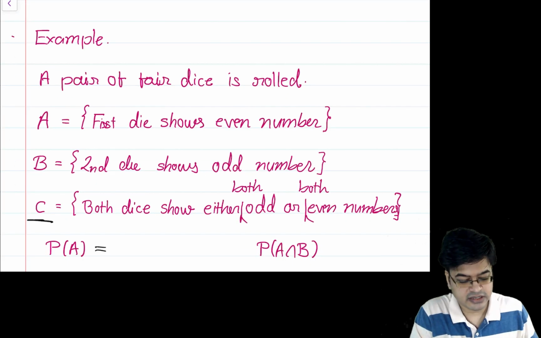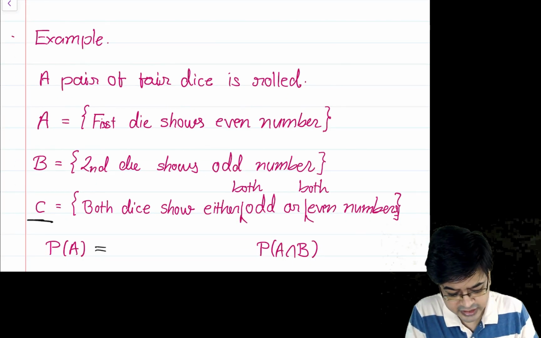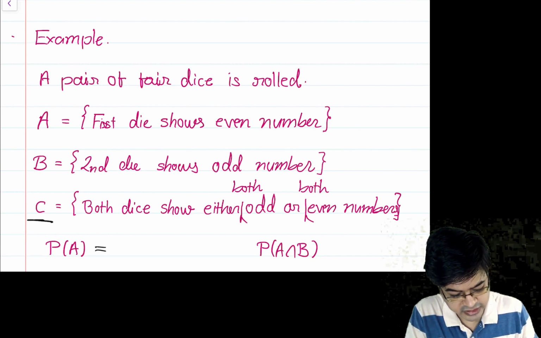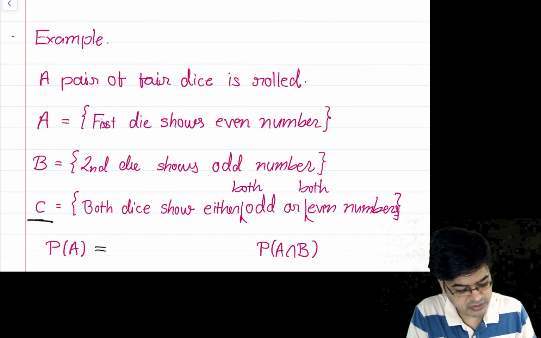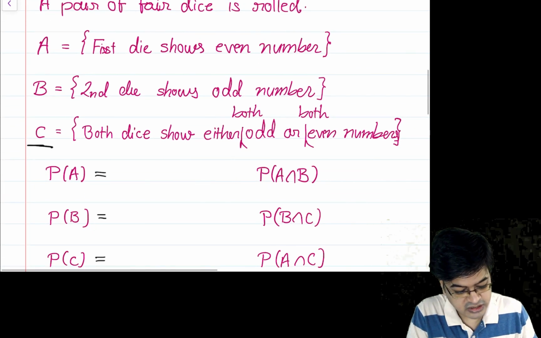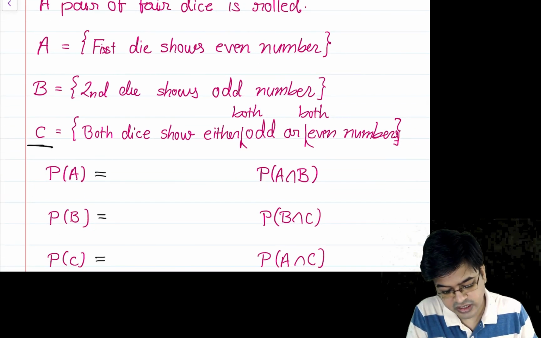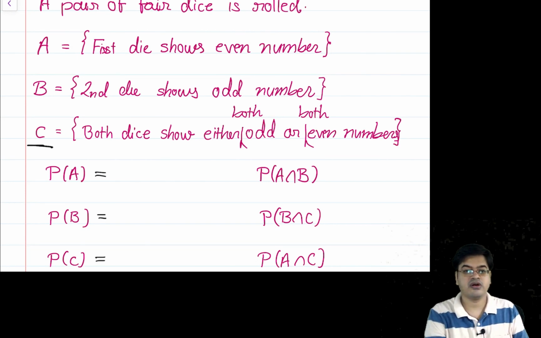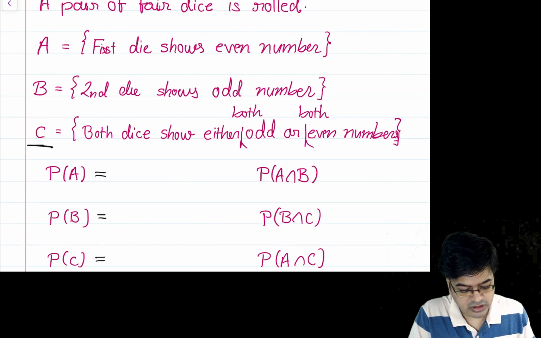So this is the example. A fair dice is rolled. Event A is the first dice shows an even number. Event B is the second dice shows an odd number. Event C is both dice show either both odd or both even numbers. Okay. So what is the probability?